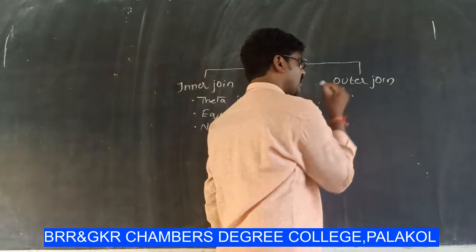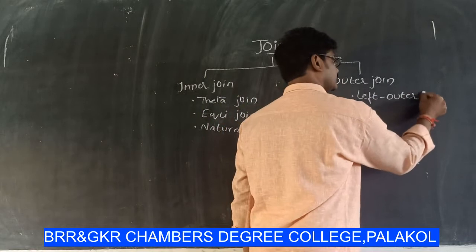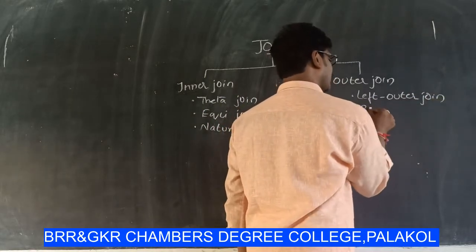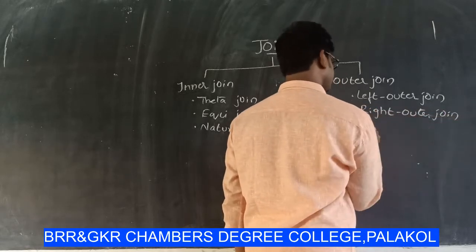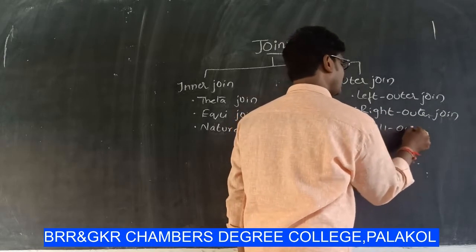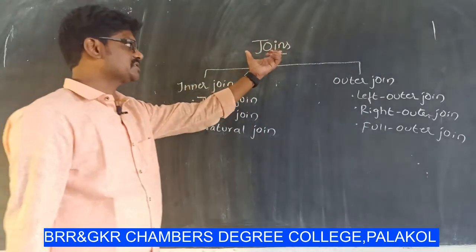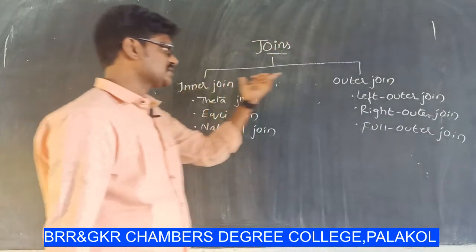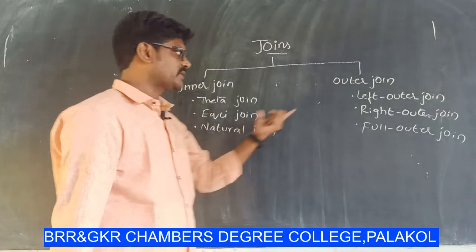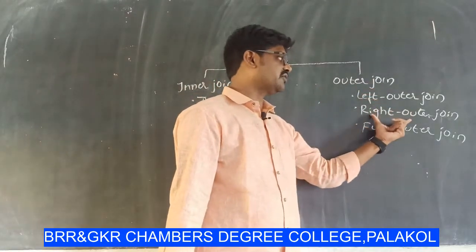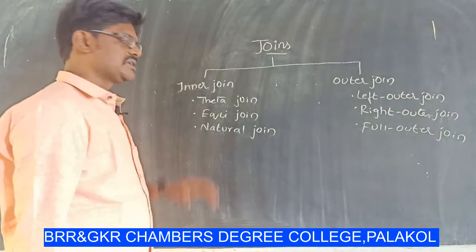And outer joins are left outer join, right outer join and full outer join. So the join operations are classified into two types: inner joins and outer joins. Inner joins are theta join, equi join and natural join, and outer joins are left outer join, right outer join and full outer join. Okay, so what is inner join?